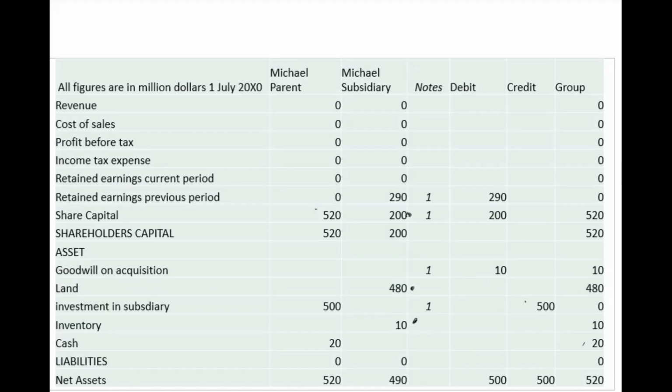If you look at the consolidation worksheet, we can see that Michael Parent's share capital of 520 million is represented by investment and cash of 520 million.